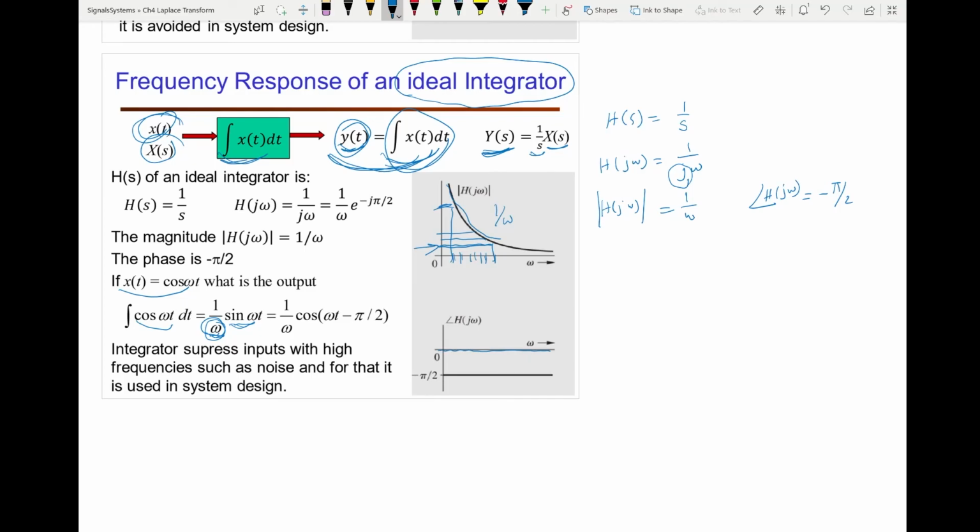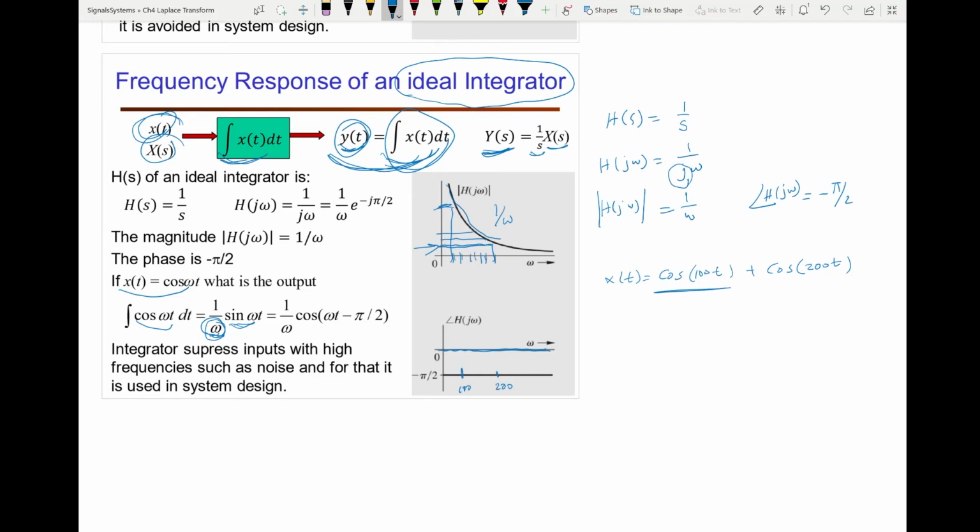Now, one more thing here, when the phase is constant, that means different frequency component in the signal will be delayed by different amount. That's a drawback. So that means if I have x of t equal cosine 100t, and it has also another component of 200t, the phase shift will be the same, the 100 here and the 200 here.